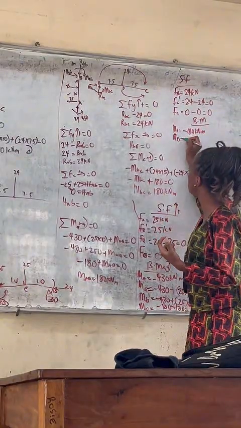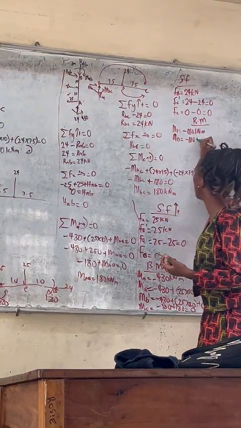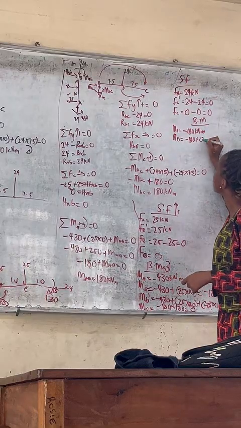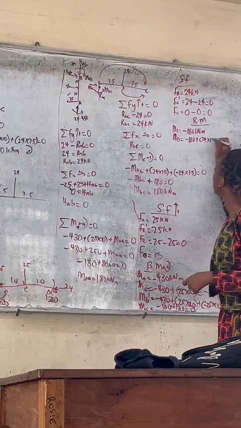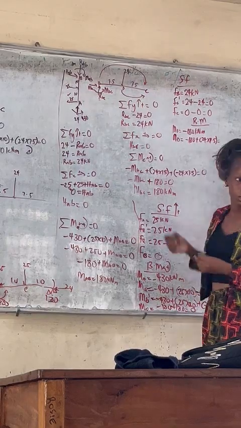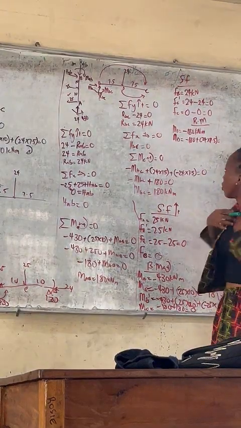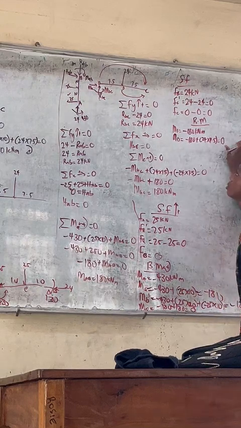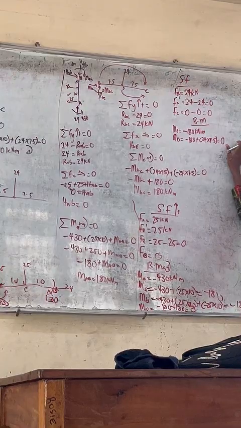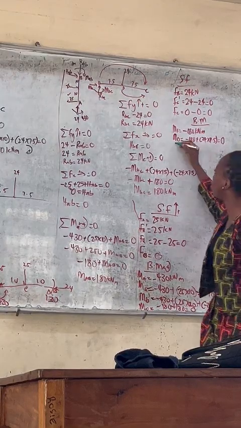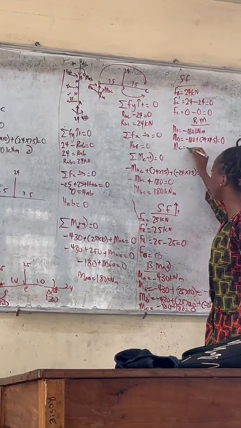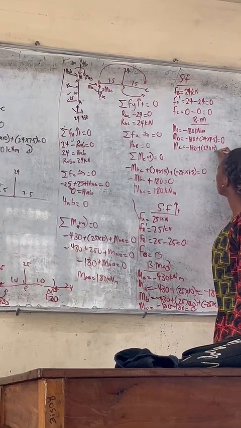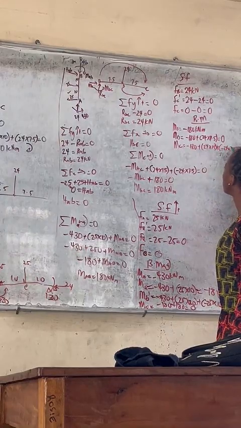So the one at the end is minus 180 plus RBC. RBC is what? 24 times 7.5. And that's what? 24 times 7.5, because this becomes 0. Now for MC it's negative 180 plus 24 times 15 minus 24 times 7.5.